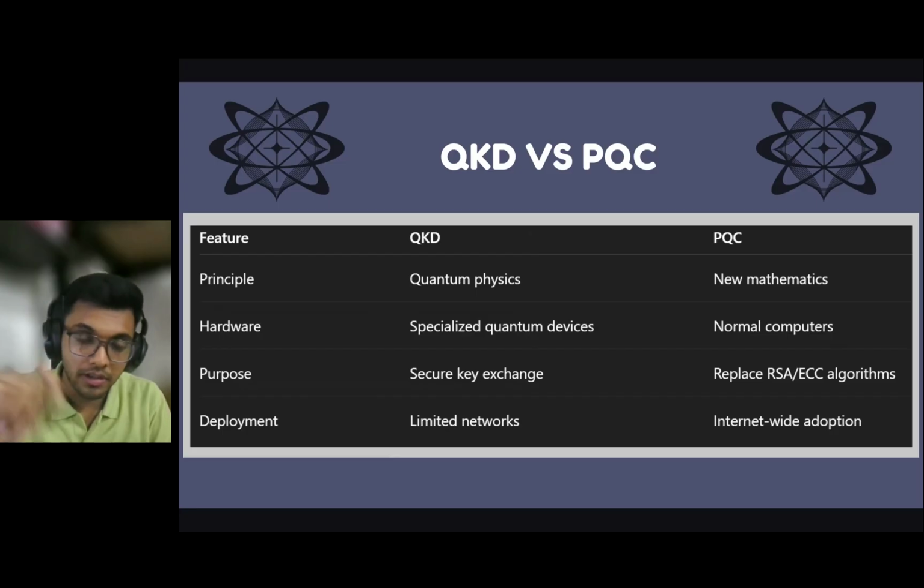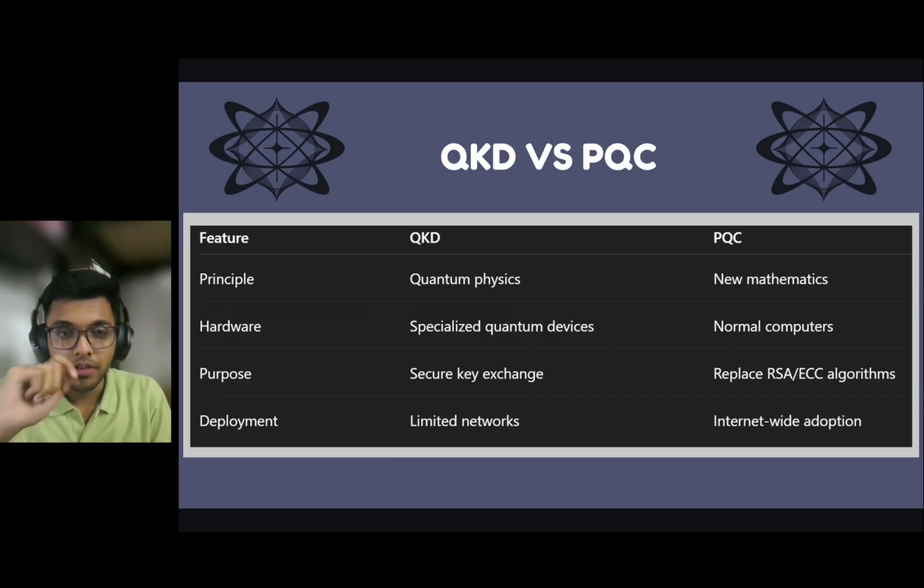The PQC here requires a newer sort of mathematics, which is technically derivable through classical computers, which is a definite advantage in places where widespread access to quantum infrastructure is not present. Right? We also have hardware-based differences, where QKD requires a specialized quantum device, whereas PQC in general requires a normal computer set, as discussed.